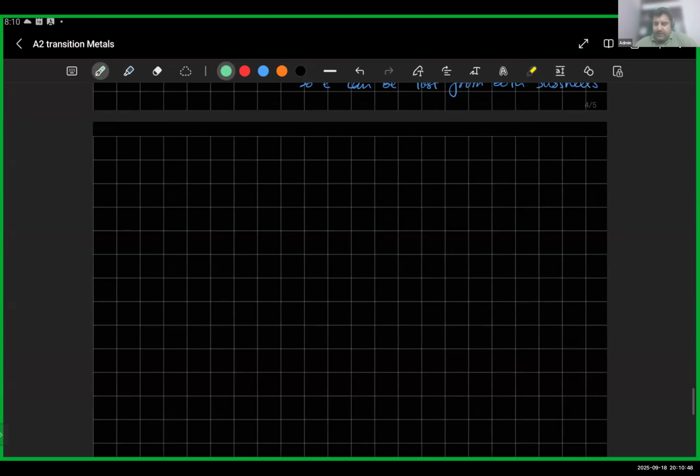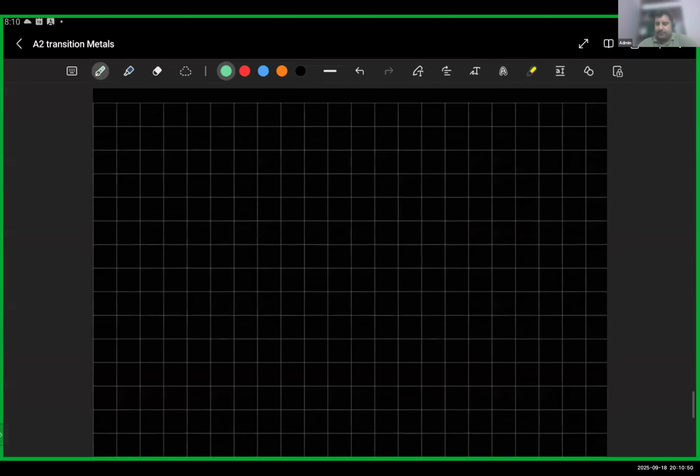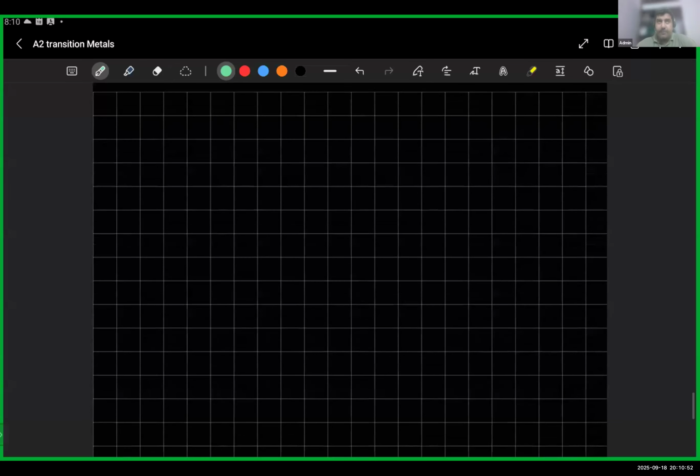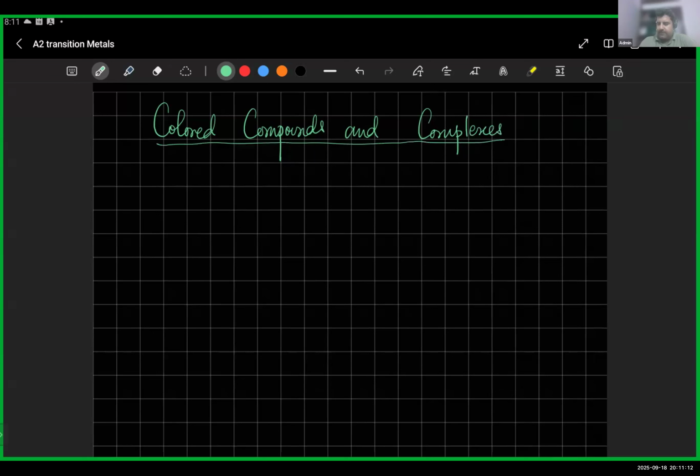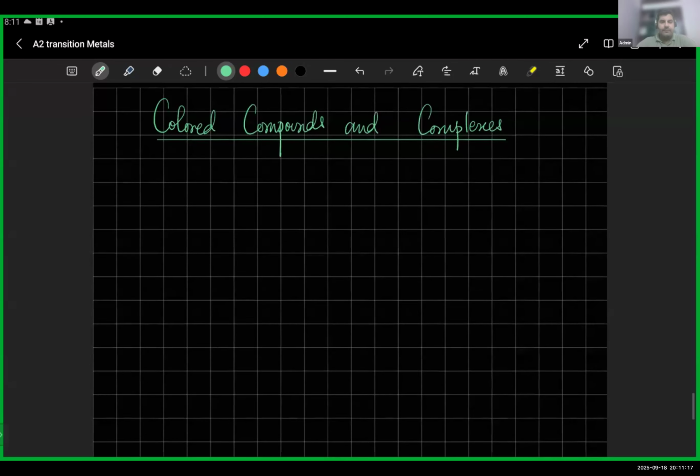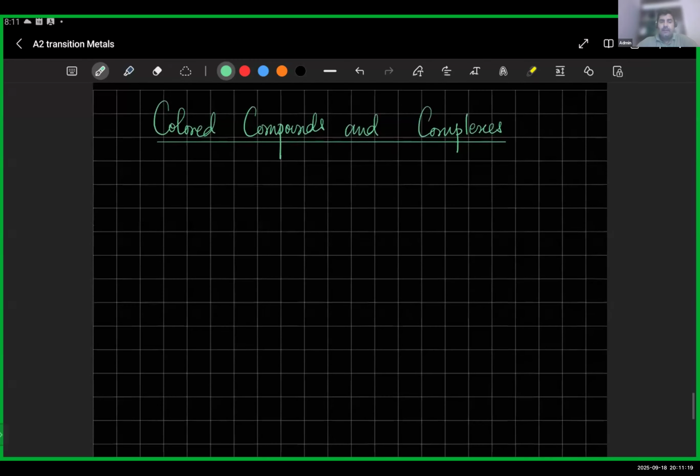Now what we're going to do is talk about catalysts later on. We'll start talking about colored compounds and complexes, because that was the fourth point: they form colored compounds and they form colored complexes.